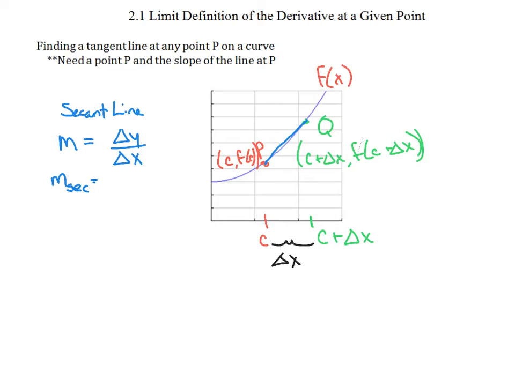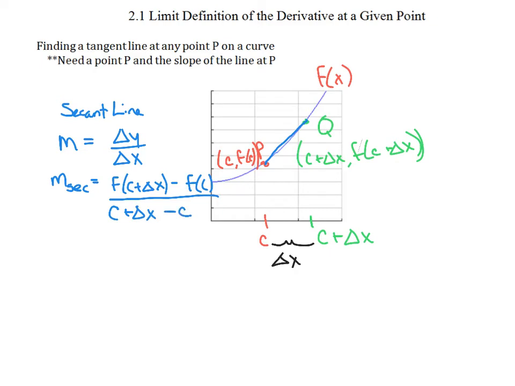So the difference in the y-coordinates is going to be the y-coordinate at Q, f of c plus delta x, minus the y-coordinate at P, which is going to be f of c. That's my change in y, divided by the change in x.